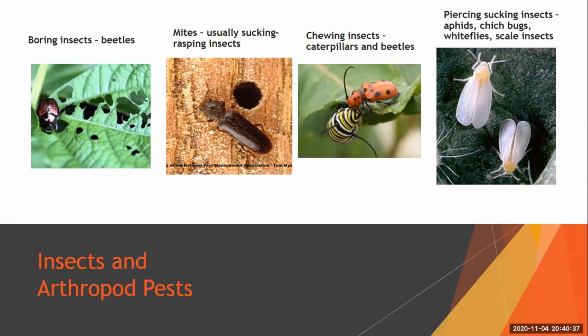If you see some chewing in the leaves, you know that you have some caterpillars. If you see some sooty mold in your plants, you know that you have some chinch bugs, whiteflies, scales, or aphids. So depending on the damage you see, you can more or less know what type of insect you are going to deal with. Okay.